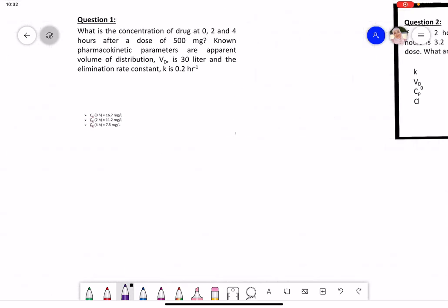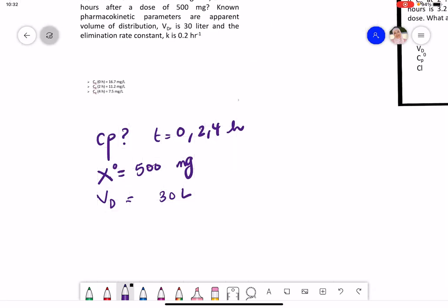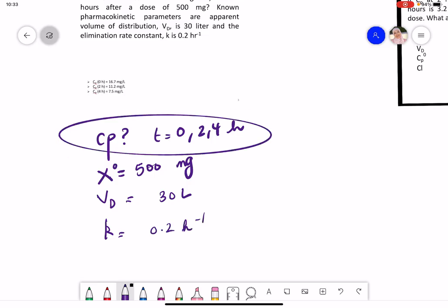What is the concentration of the drug at 0 time to 4 hours after a dose? The dose is 500 milligram. Known pharmacokinetic parameters are apparent volume of distribution, which is equal to 30 liter, and elimination rate constant, which is equal to 0.2 hour^-1.